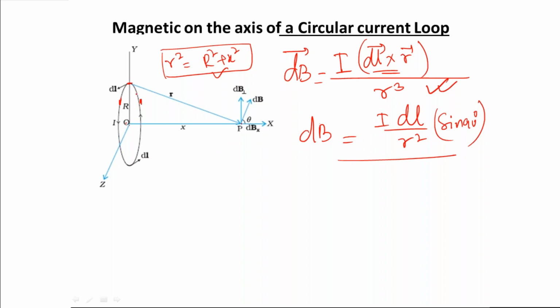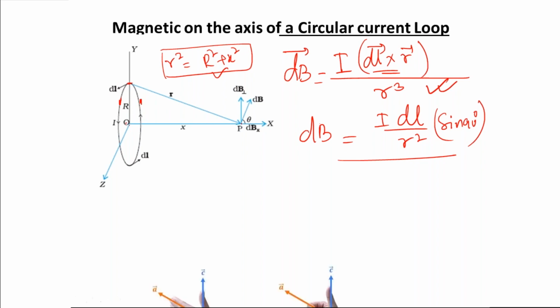Now I have to find out the direction of the magnetic field. I know the magnetic field will be in the direction perpendicular to the plane containing this dl and r.